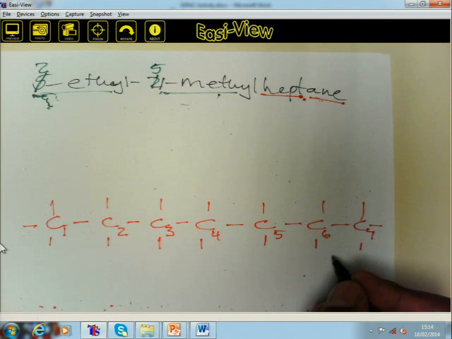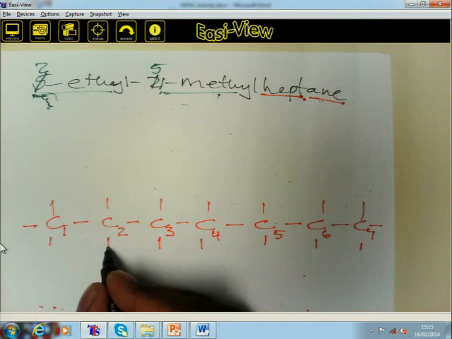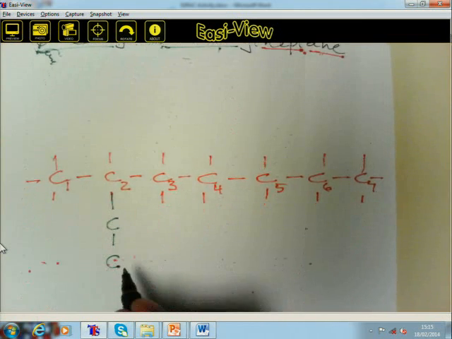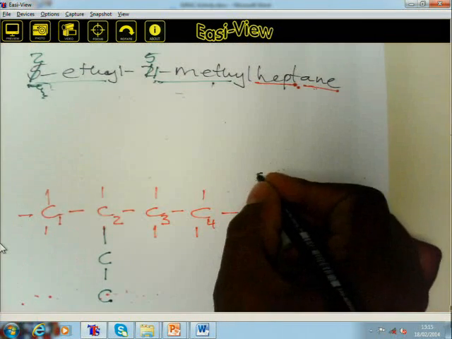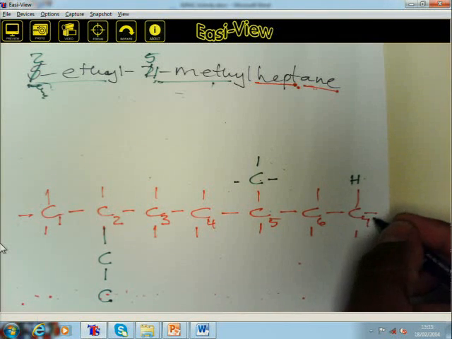If you remember, we said alphabetically, the one that comes first must have a lower number. So if you have 5 and 2, then it doesn't make sense because E comes before M. Therefore, at carbon number 2, I will have the substituent with 2 carbons, and then at carbon number 5, I will have a substituent with 1 carbon. And then from there, I put all my hydrogens.